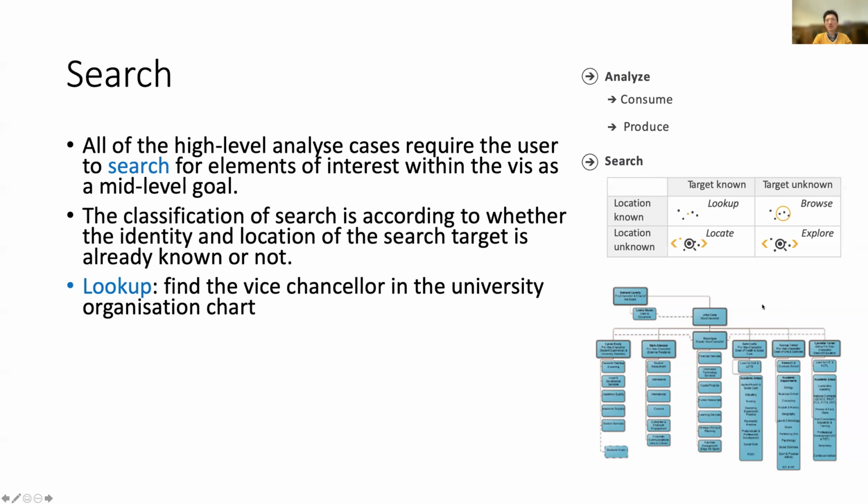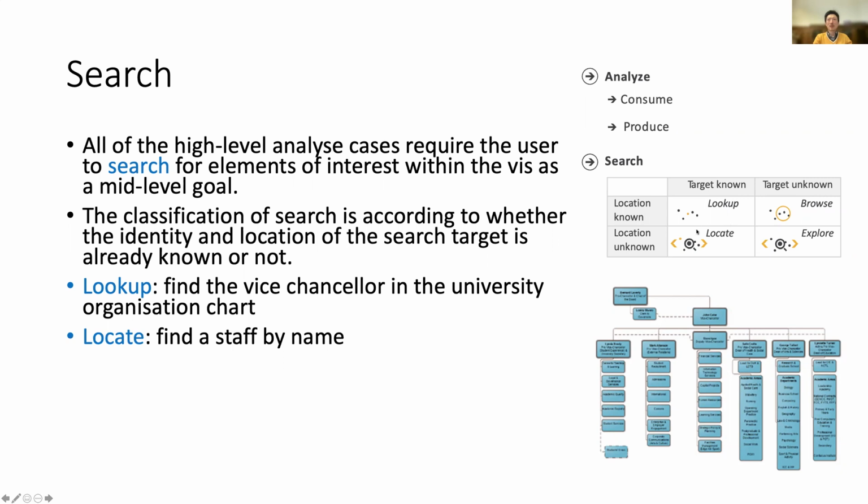I'm looking for vice chancellor, and you will see a box which says vice chancellor. And you also roughly know the location. The vice chancellor should be at the top middle of the chart. It's not going to be somewhere here or here at the bottom or in the corners. So you roughly know the location and the target. So that becomes lookup.